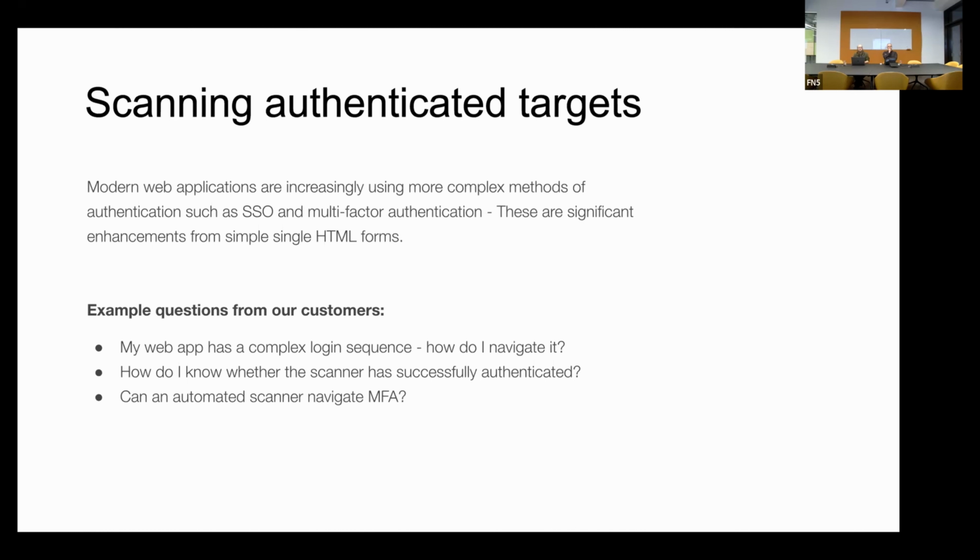How do I navigate those? How do I know that the scanner has used an authentication that I've applied successfully? And again, another common one is around multi-factor or two-factor authentication. So if any of these are top of your mind as well, recorded login sequence is usually the answer to these types of questions. And we'll take you through an example now of how to create and apply one.